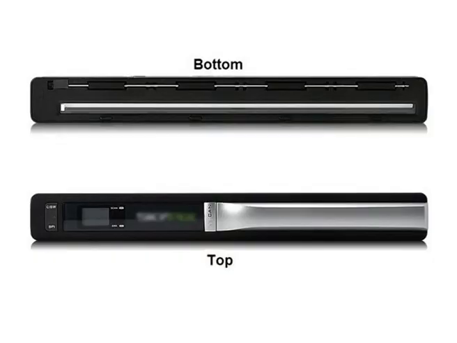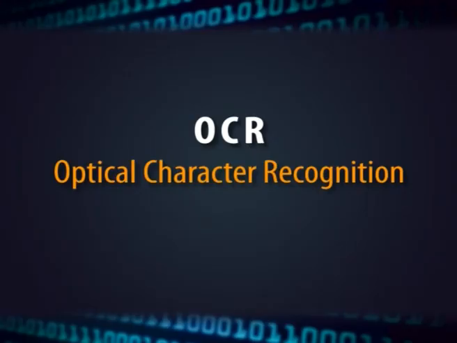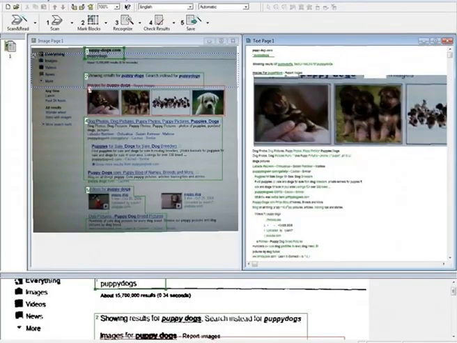Any short page or short document can be easily scanned using the handheld scanner. These days, using the sophisticated software of optical character recognition, as I mentioned earlier OCR, the handheld scanners are quite useful and popular, and they are able to extract text from the scanned image. The text may be of different fonts and sizes.